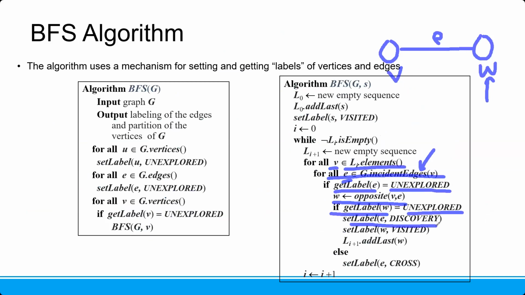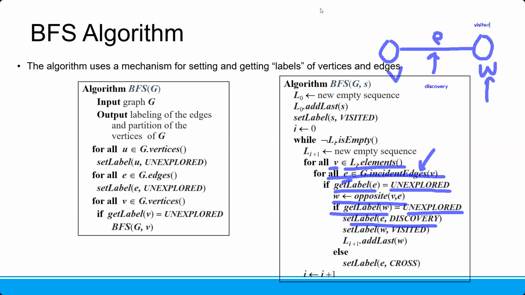If it is unexplored, let's set the edge E as discovery, and then let's set W as visited. And then Li plus 1 will be added with W, and so on.